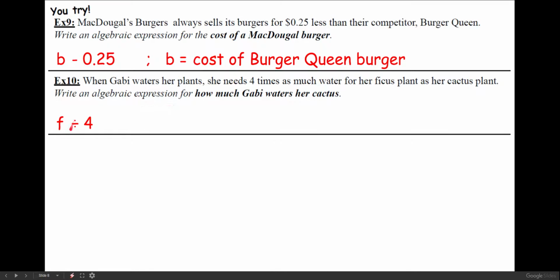Or let's say she waters her ficus with 8 gallons. If she waters her ficus 4 times more, that means her cactus would get 8 divided by 4, which is 2 gallons. Anyhow, let's define our variable: f is the amount that she waters her ficus plant, whether it's 4 gallons or 8 gallons or whatever.